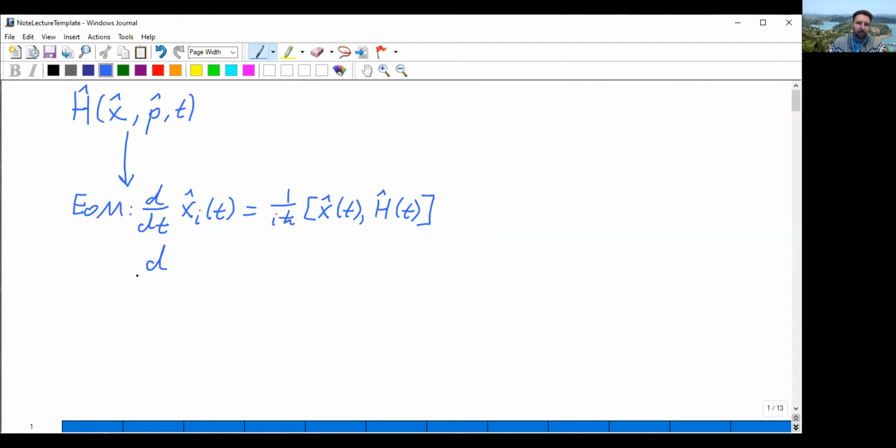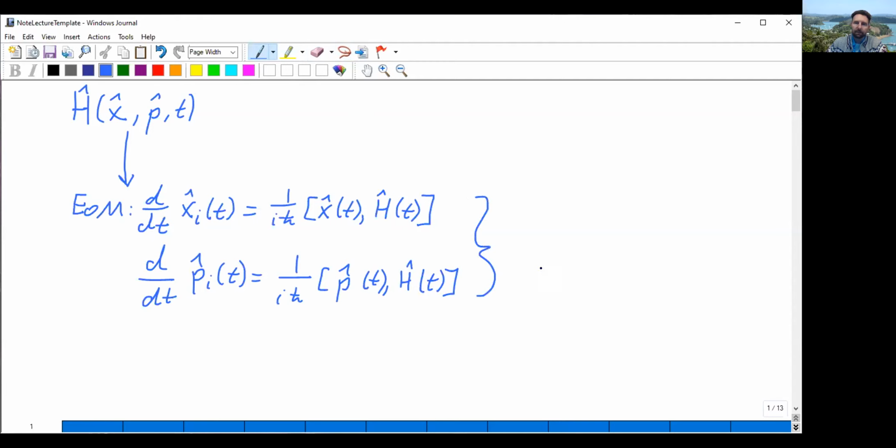We have the equation of motion for the momentum variable, which looks very similar, equal to 1 over i h bar, and then the commutator of p hat with h hat. And these two together are called the Heisenberg equations of motion. And there's an i missing.